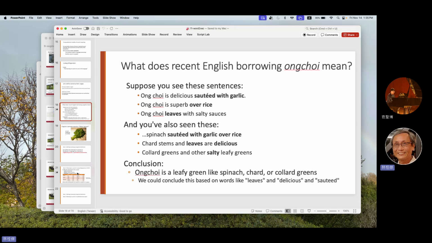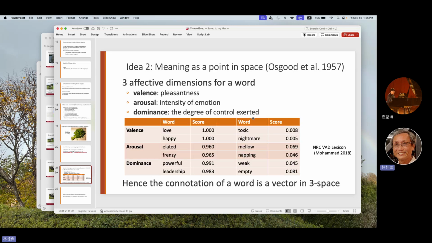One way is to say that each word has different ways of describing its semantics, its meanings. And already in 1957, somebody designed some dimensions to describe a word in terms of its affective dimensions.